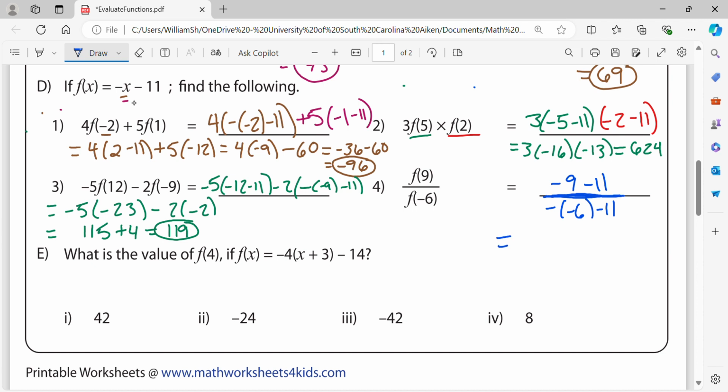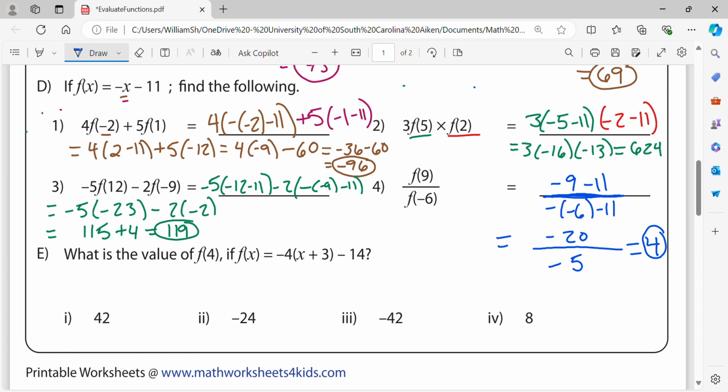Let's simplify it. Negative 9 minus 11 gives us a negative 20. Negative 6 turns it into a positive 6. Positive 6 minus 11 gives us negative 5. And negative 20 divided by negative 5 should give us positive 4.